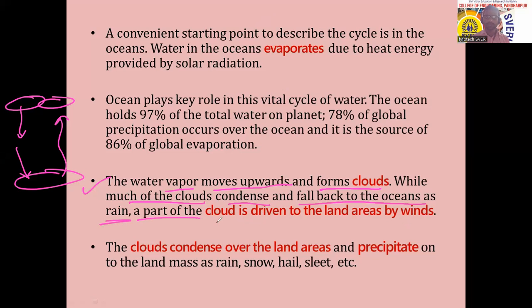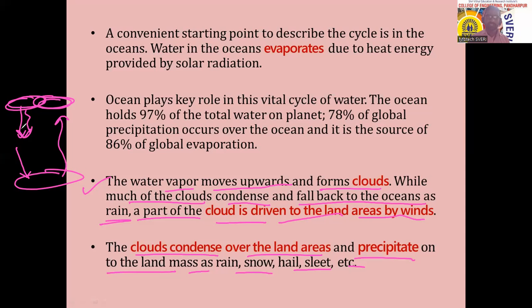A part of the cloud is driven to the land by the winds. The clouds condense over the land area and precipitate onto the land mass as rain, snow, hail, sleet. It means whatever condensed clouds are there, the same water is precipitated.